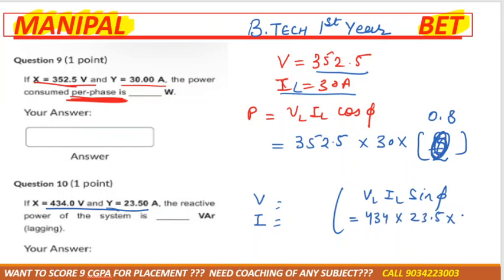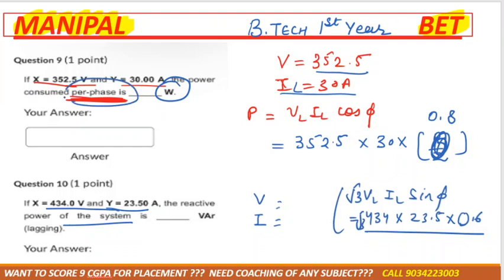If cos phi is 0.8, then you can calculate sin phi, that would be 0.6. Okay, see in this they mention reactive power of the complete system, so this would be root 3, mention root 3, but in the above case they said per phase, that's why I didn't mention root 3.